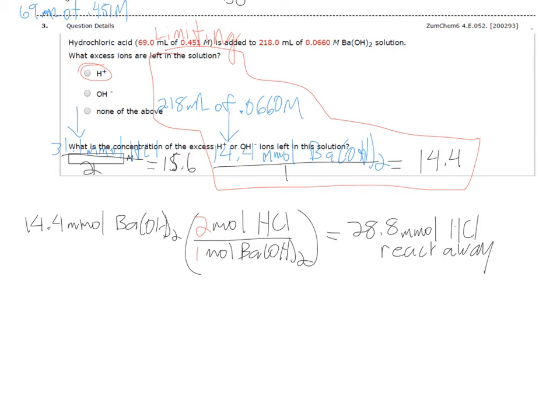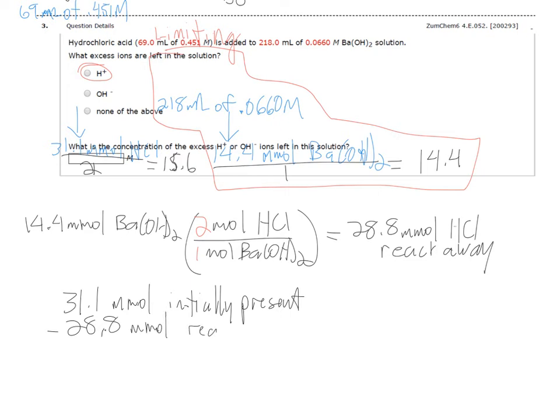We had determined earlier that 31.1 millimoles of hydrochloric acid were initially present, and 28.8 of those 31.1 millimoles react away, so we just subtract and get the number of millimoles left over.